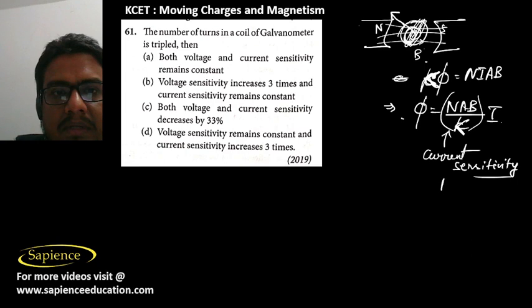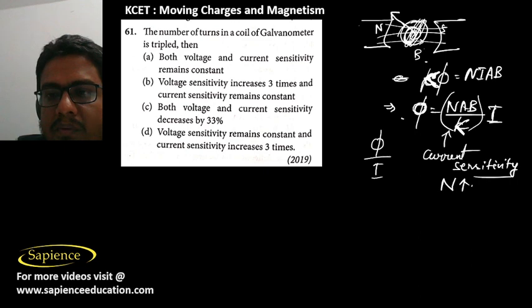It means that if the number of turns is increased, then the current sensitivity, which is phi by I, meaning the amount of deflection per unit increase in the current, will also increase. And for the voltage sensitivity, we know that V is equal to IR.